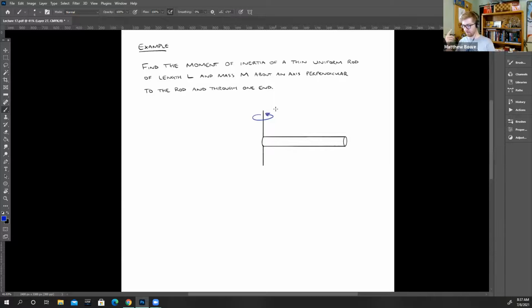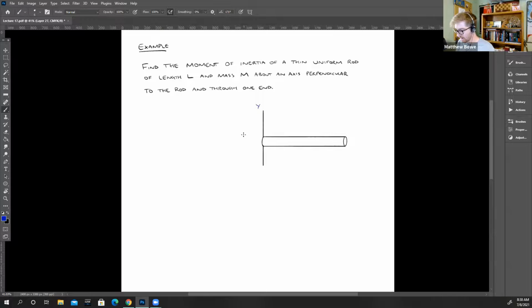Spinning around and around and around. And I want to find the moment of inertia of this object. Okay, well, we have this object.